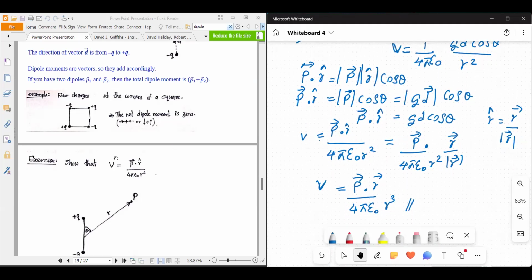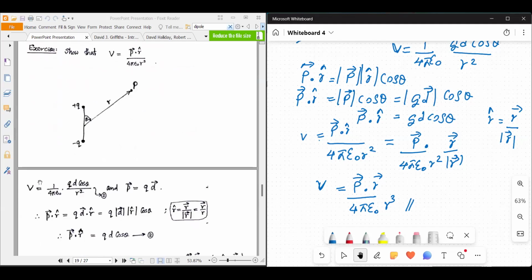Now the given question is to show that potential in a dipole, we can write that in relation to dipole moment and the vector connecting the midpoint of the dipole and the point we are interested in.